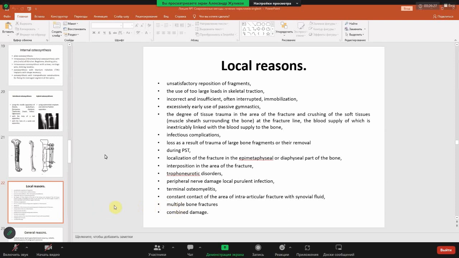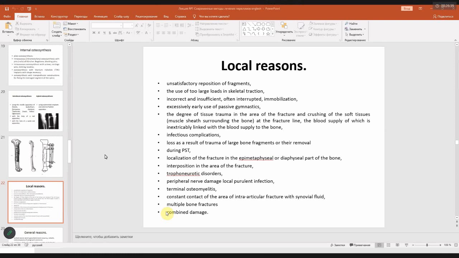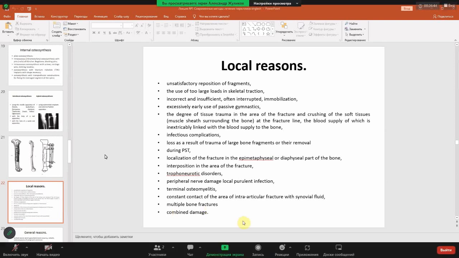Infection complication, loss as a result of trauma of large bone fragments or their removal during PST. Localization of the fracture in the epimetaphyseal or diaphyseal part of the bone.